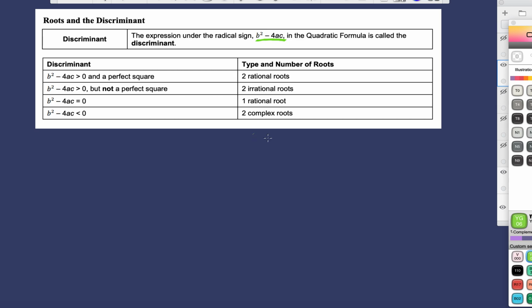It tells you how many and what types of roots there are. Do we have rational roots? Do we have irrational roots? Or do we have complex roots? Roots that aren't real.